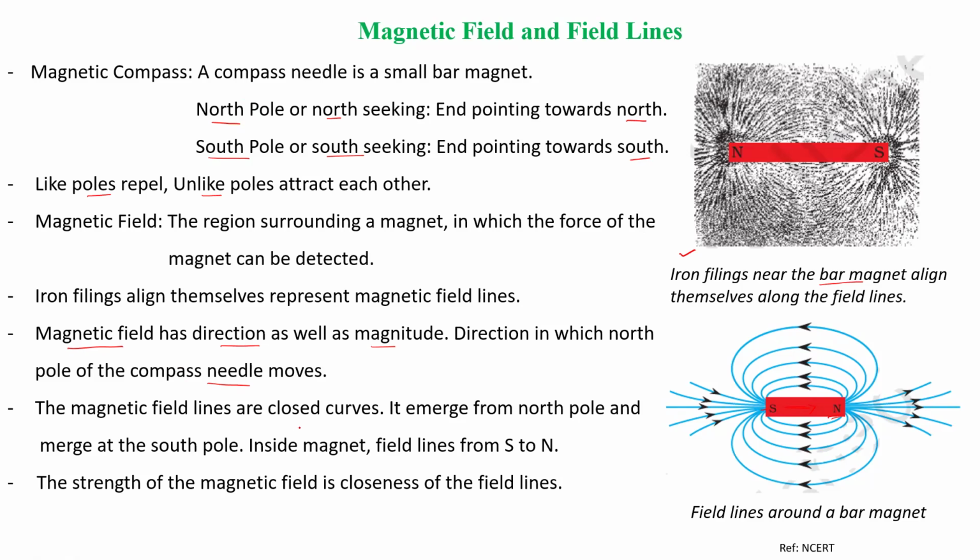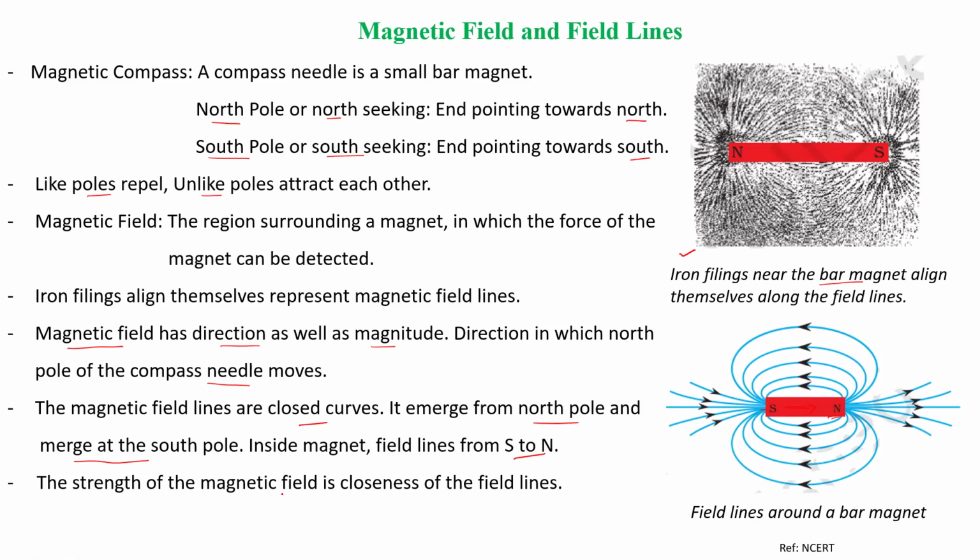And magnetic field lines are closed curves. They emerge from the north pole and merge at the south pole. But inside the magnet, the direction is from south to north. That difference we'll see in the case of a solenoid, how it is different inside the solenoid.